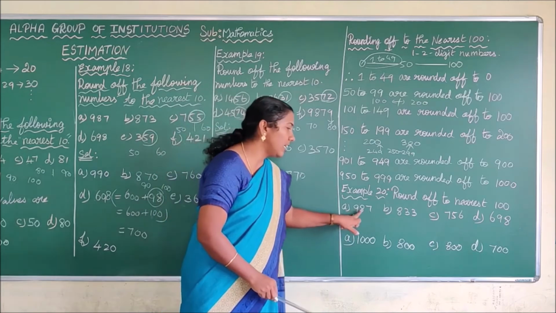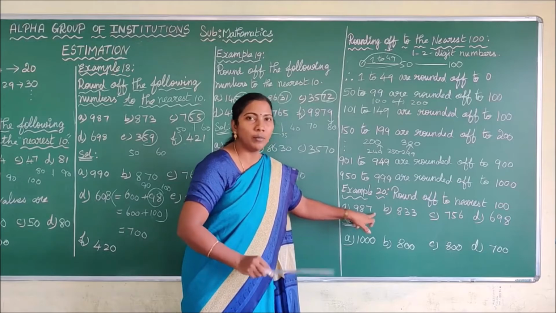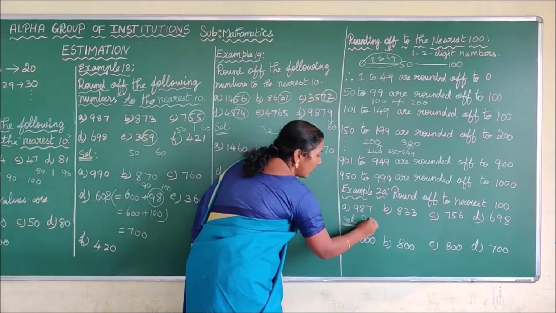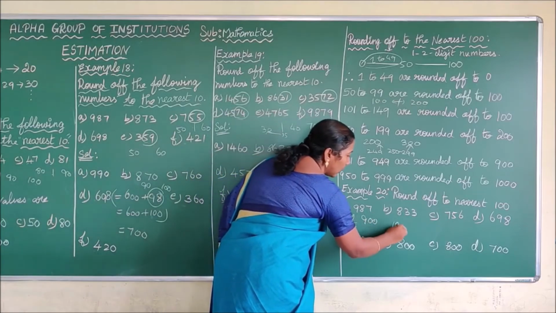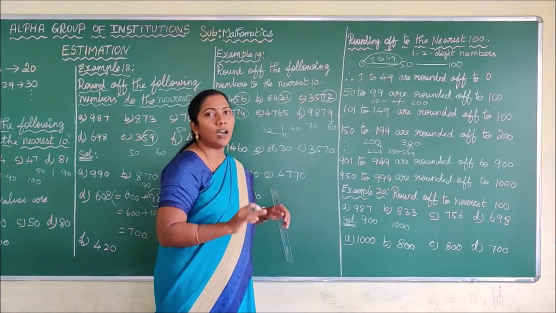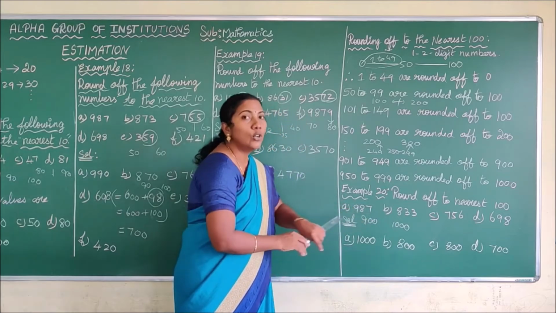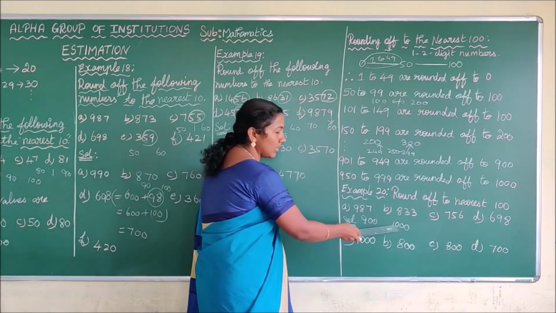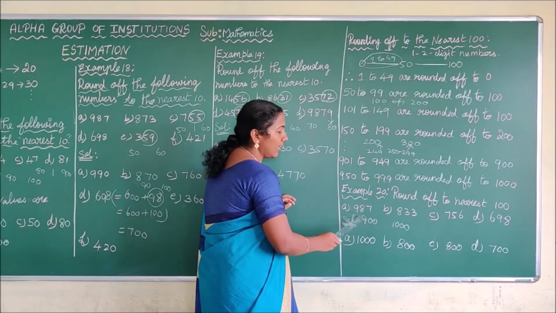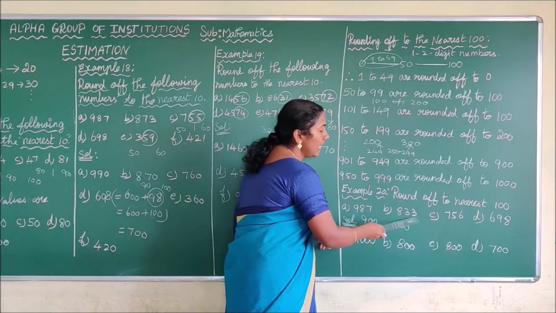Consider the 3 digit 987 as it is. 987 lies between 900 and 1000. So the numbers greater than 950 are rounded up to 1000. It is greater than 950, so it is rounded up to 1000. Thus the round up value of 987 is 1000. It's clear. See the next sum.